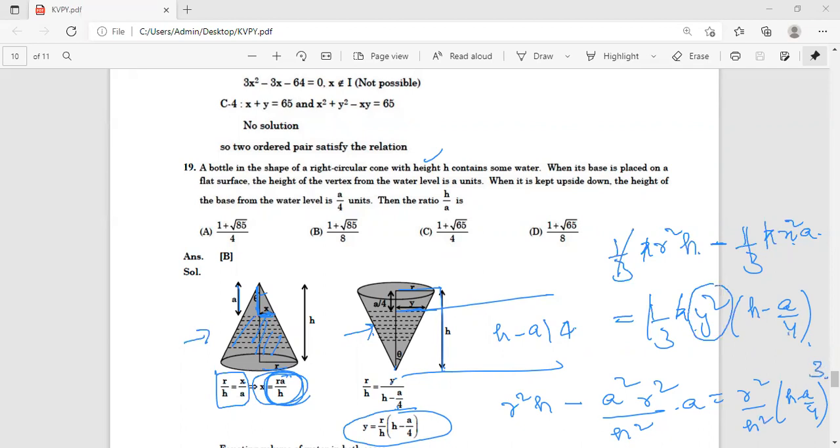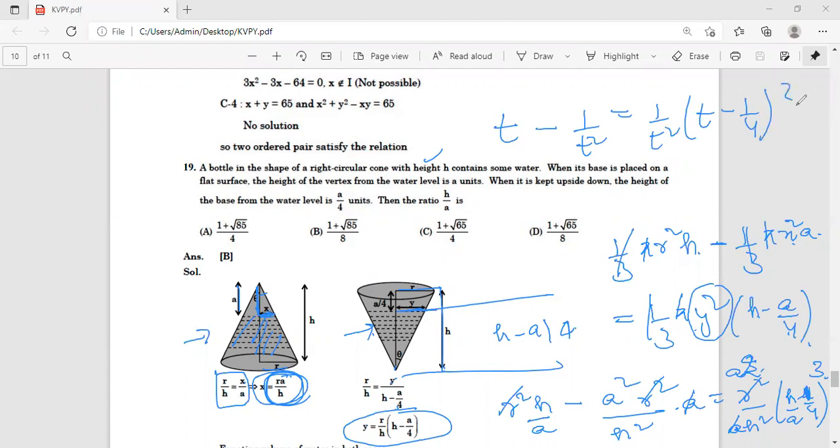So you get a cube here. Cancel r square, r is gone. We need h by a, so divide by a on both sides. Take a common, so you get a cube outside, h by a minus 1 by 4. So a cancels. Take h by a as t. So t minus 1 by t square is equal to 1 by t square into t minus 1 by 4 whole cube. So you got this equation.